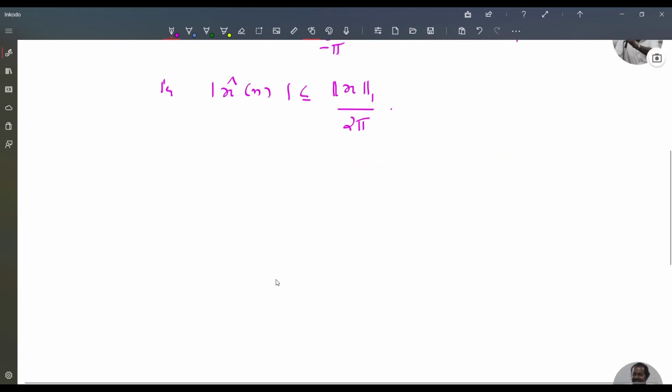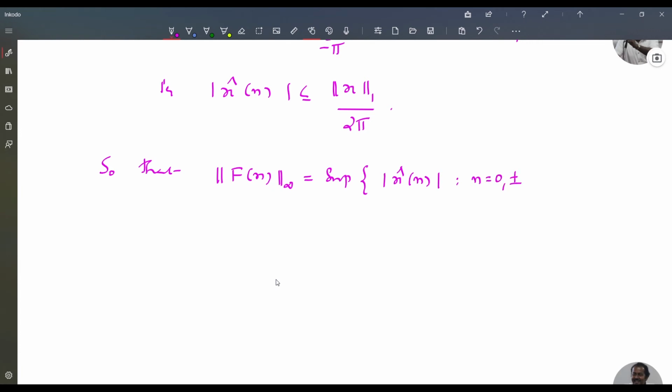So the sup norm of f of x, which is the sup norm of modulus of x cap of n for n equal to 0, plus or minus 1, plus or minus 2, etc., is less than or equal to 1 by 2 pi times the 1-norm of x. So this implies f is continuous.